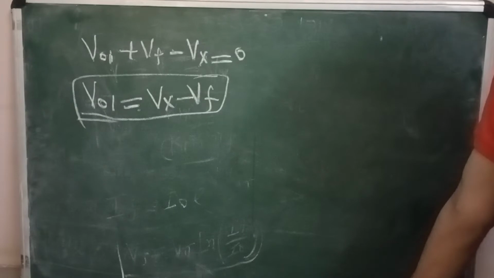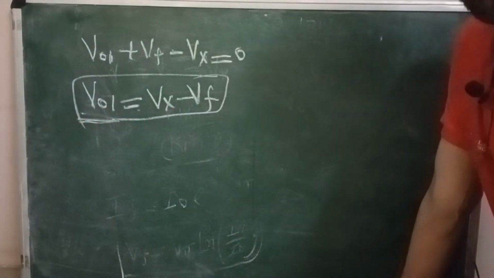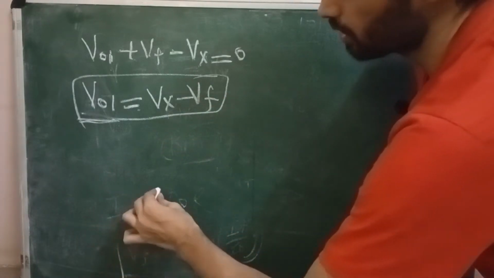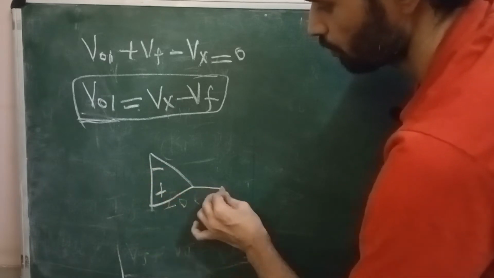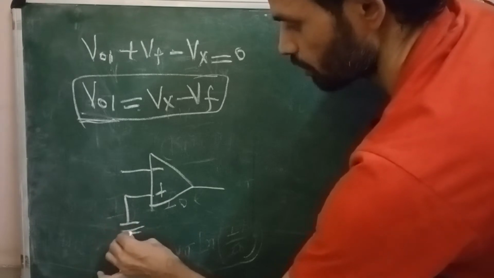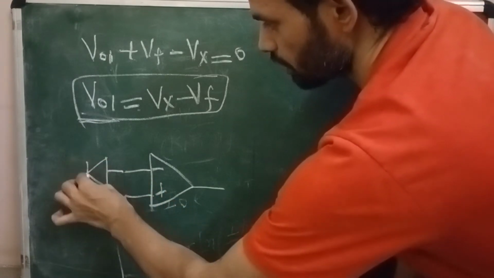Now let us come to the next op-amp. This is the op-amp with negative and positive terminals. Here this is an inverting op-amp, and there is a diode in reverse direction.